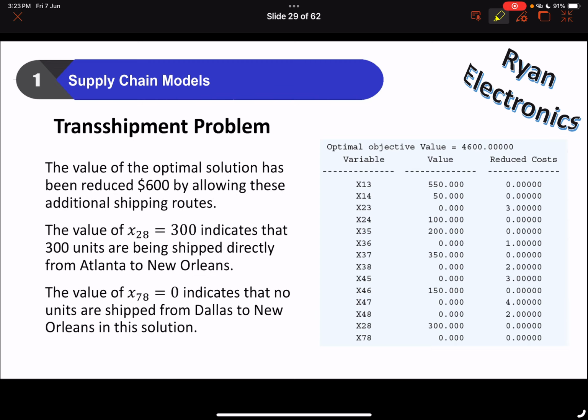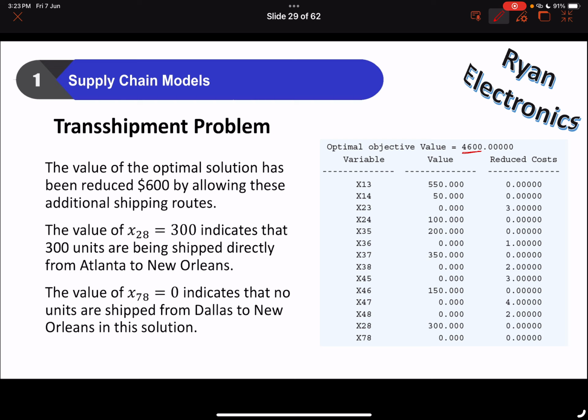So if we do that, we can now see that if you run the linear programming model, the value of the optimal solution has now been reduced by $600 when we allow the additional shipping routes.